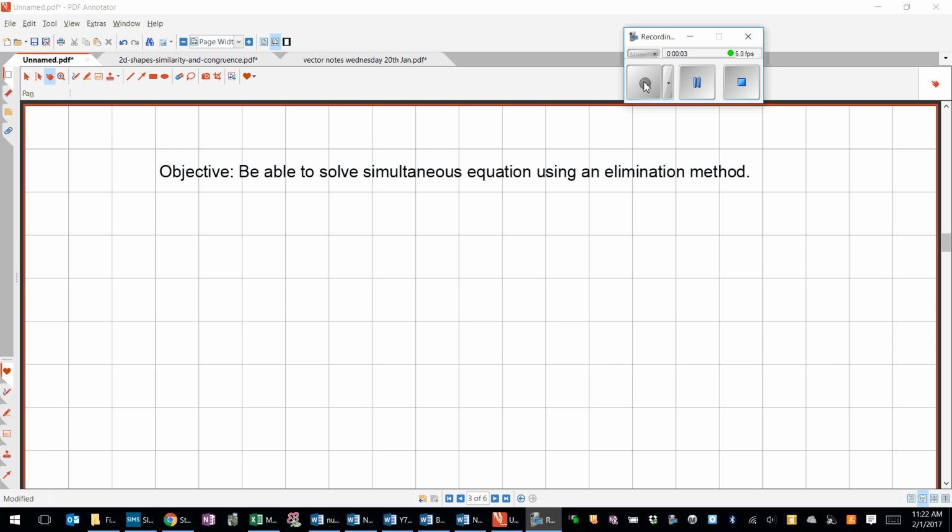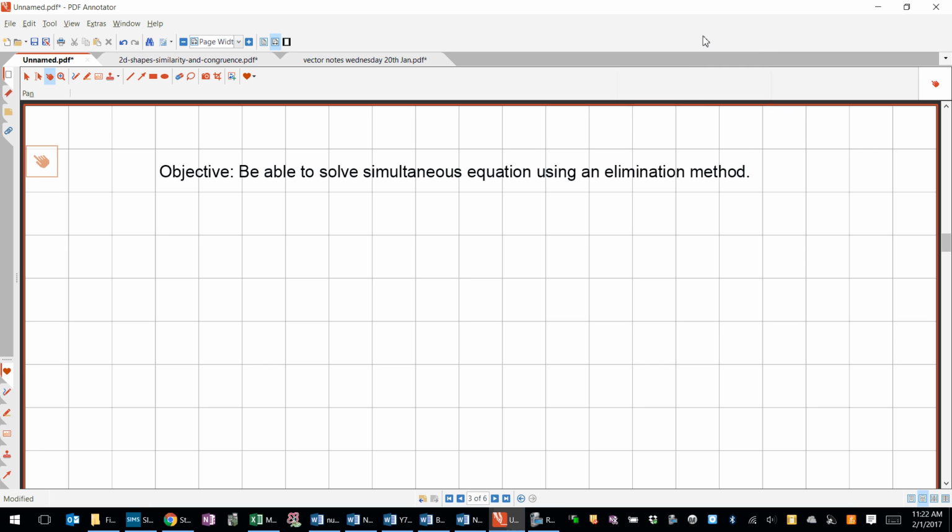What we've got then, let's just recap. So we are solving simultaneous equations, or I prefer actually when it says finding simultaneous solutions.